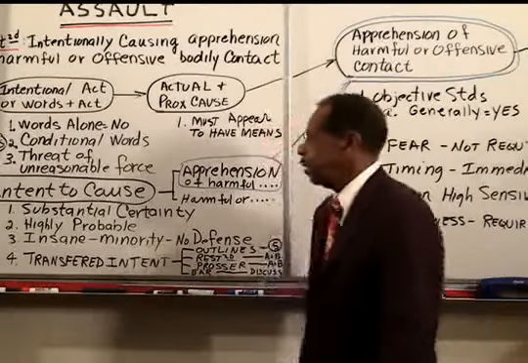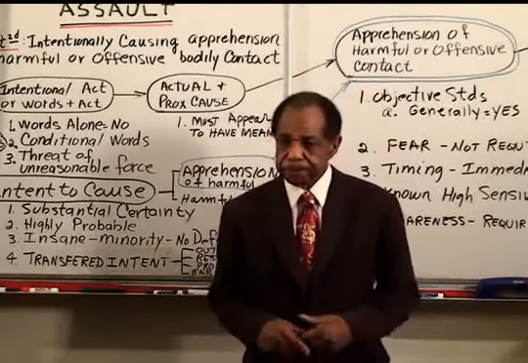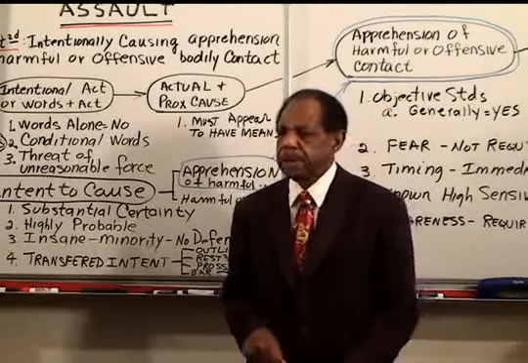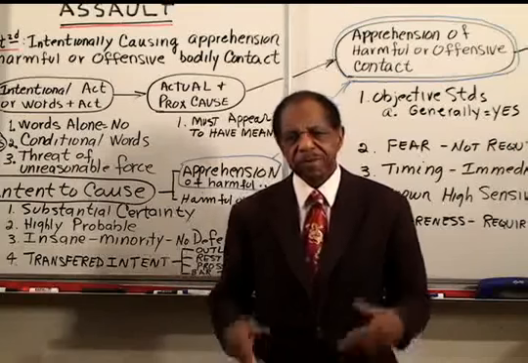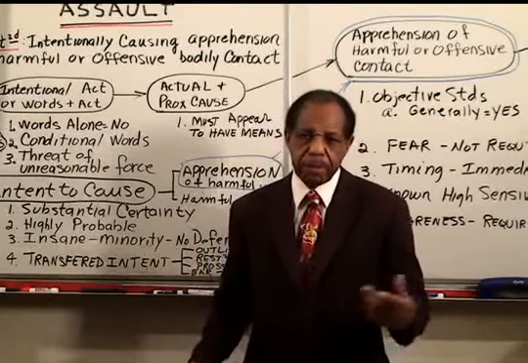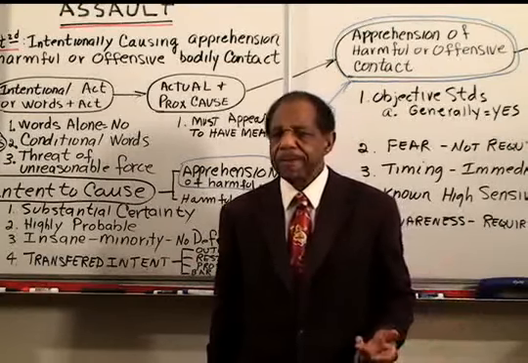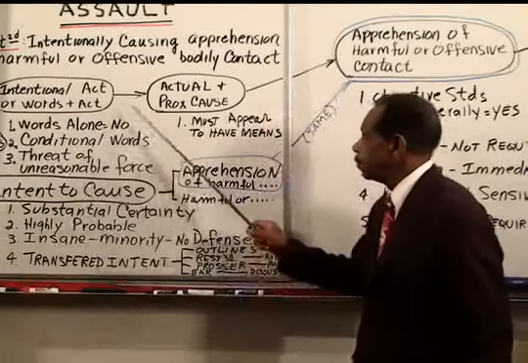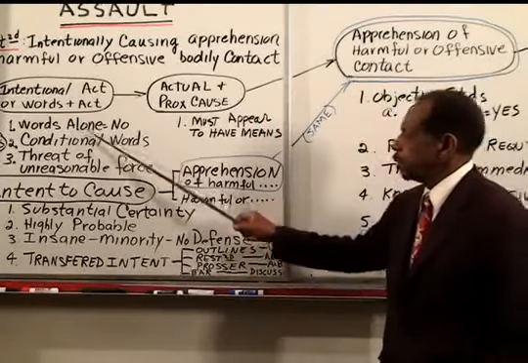You need an act. Now, if the person reaches in their pocket and makes some movement where it's reasonable to believe that you now may get hit, then that will be a sufficient act. Words alone generally are not enough.